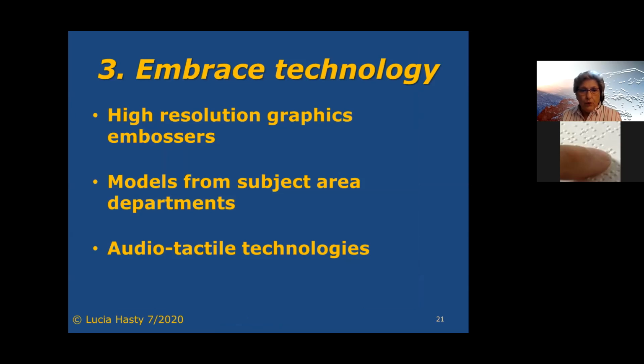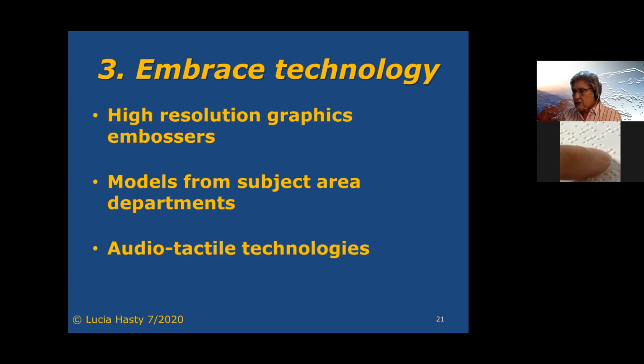It's really important that you embrace technology. Almost all of the new embossers will emboss good graphics. With the older embossers, if you use QuickTact, which is free from Duxbury, you can emboss simple graphics.